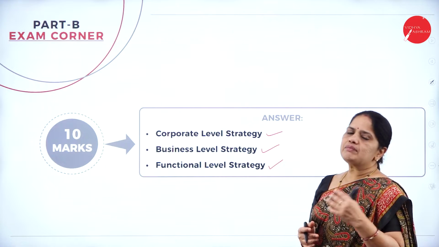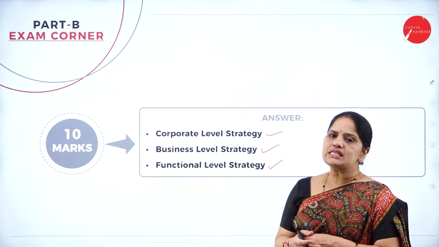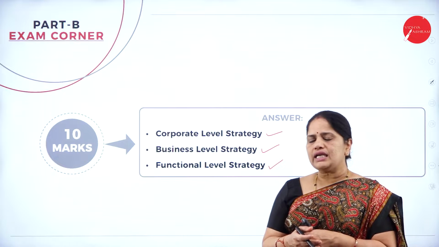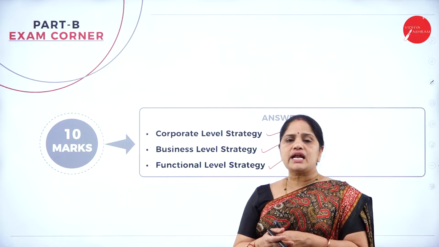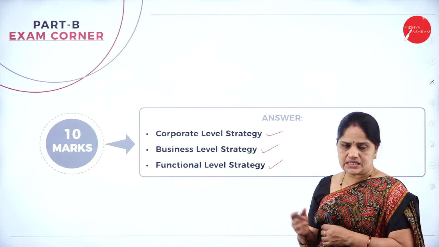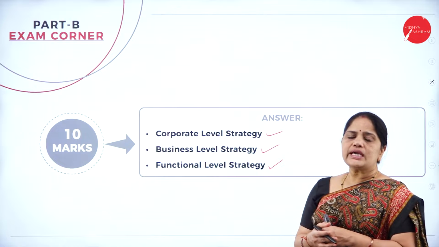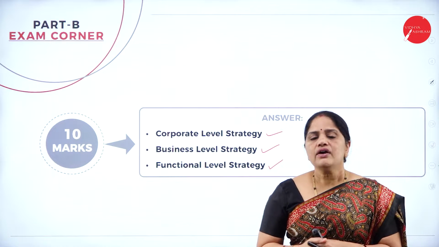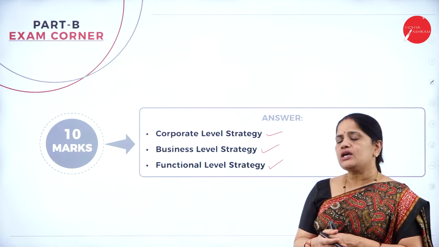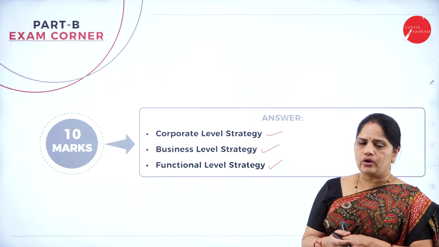Then the second part will be the business level strategy. In this business level strategy, for each business, the kind of strategy you are formulating will come under the business level strategy. And lastly, the functional level strategy. In this functional level strategy, we will be deciding how we will be realizing the company's goals and objectives.